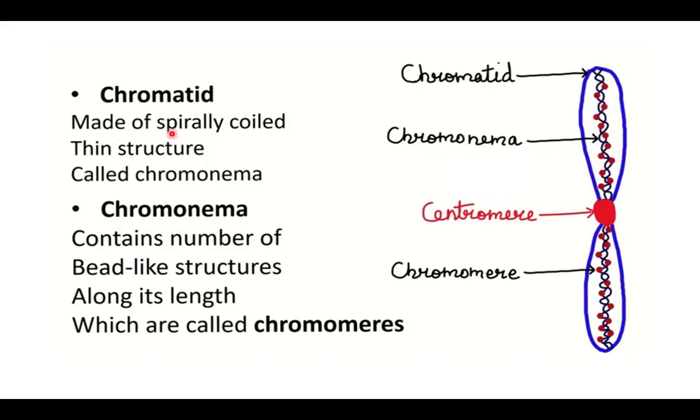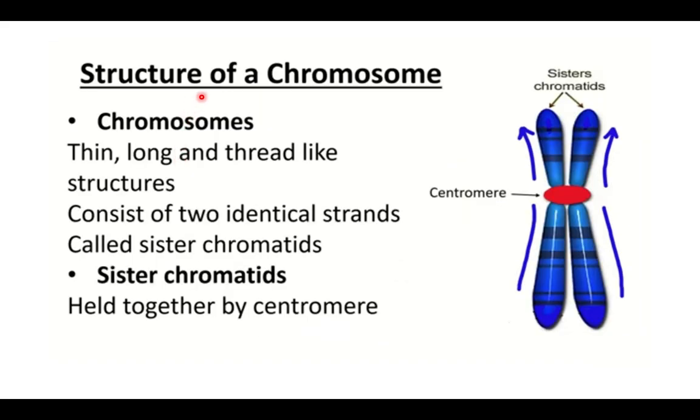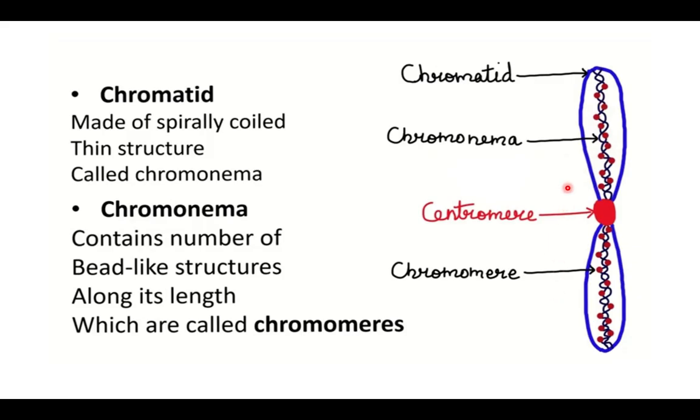And next, chromatid. The chromatid is made up of a spirally coiled thin structure. You can notice the chromatid here, okay? This is a chromatid. Now, one chromatid is shown for you here. It is made up of a spirally coiled thin structure. You can see the spiral coiling inside, okay? This is called chromonema. What is this? Chromonema. The black thread-like structure is chromonema.